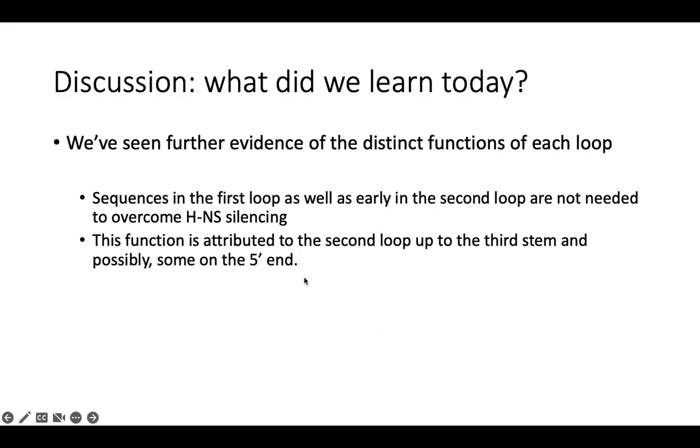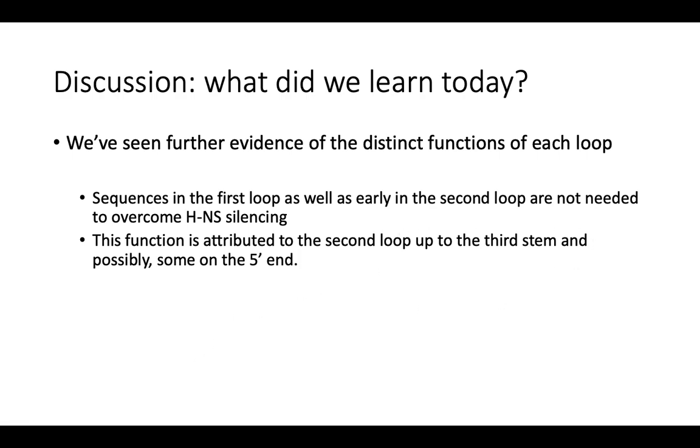We've seen that sequences in the first loop, as well as those early in the second loop, are not needed for HNS silencing to overcome that at all. And we've also seen that the function of HNS silencing is attributed to the second loop up to the third stem loop, and there may possibly, we're not for sure, be some things on the 5' end that are contributing to the HNS silencing.